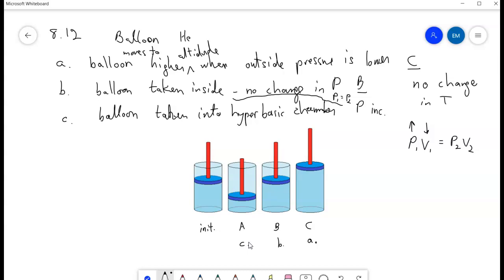It doesn't really matter if it's a balloon or a cylinder with a piston. Volume is volume, and pressure is pressure. So you're going to get the same effects either way. I put this in the same order that they did, and that's the way you work this type of problem.